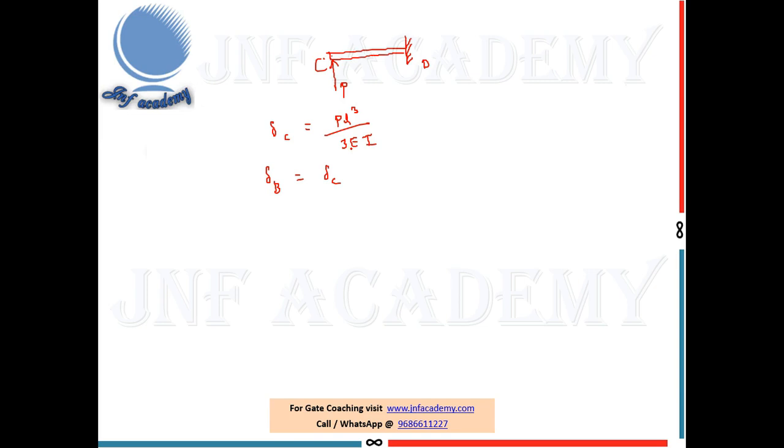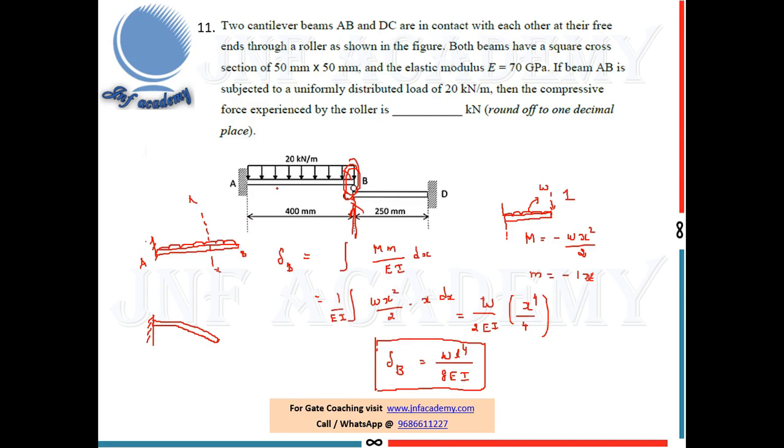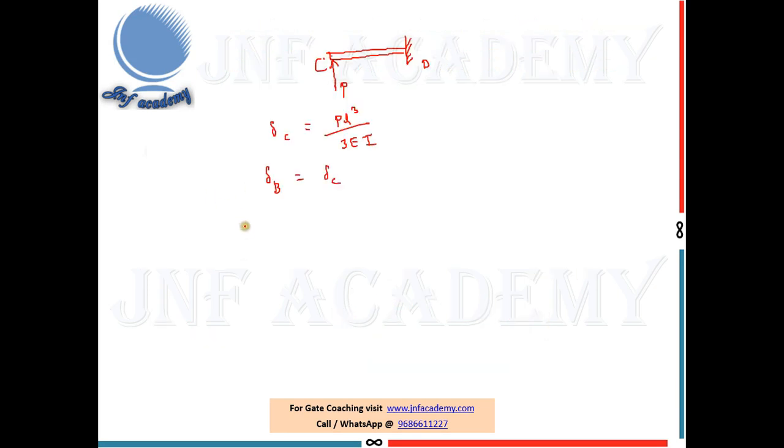That deflection due to UDL must be resisted by the bottom cantilever beam, so for that reason we are equating like this. W L power 4 by 8EI. W is 20, right? 20 kilonewton per mm. For kilo, 10 power 3 will be there, and from meter to mm, 10 power 3 will be there. So both get cancelled and I can take 20 as it is.